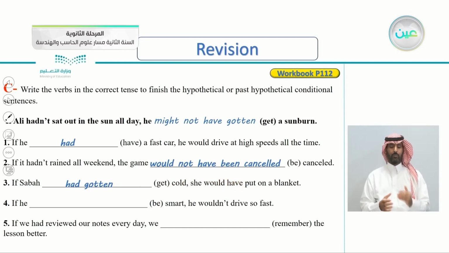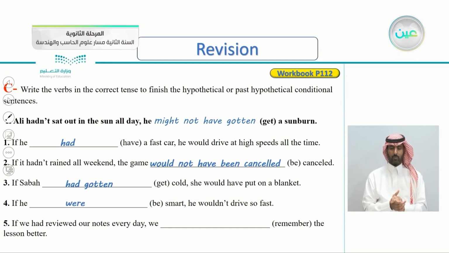Very good. Number four, if he be smart, he wouldn't drive so fast. So what's the correct answer here? Let's check the answer together.